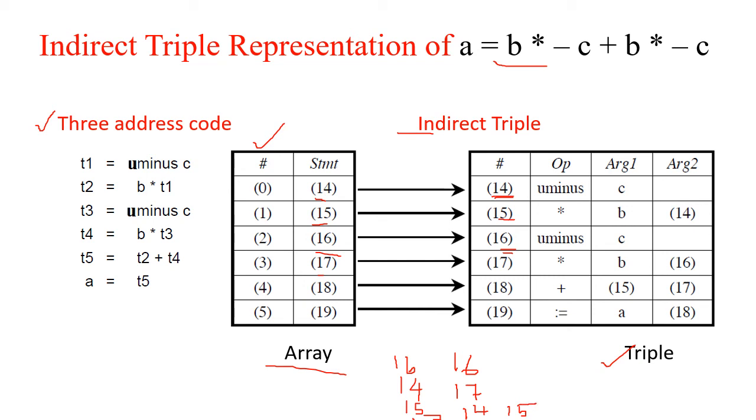So if the instructions are independent of each other, in indirect triple representation we can reorder instructions. That is the advantage over triple.